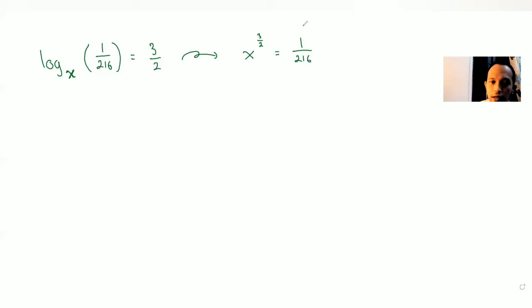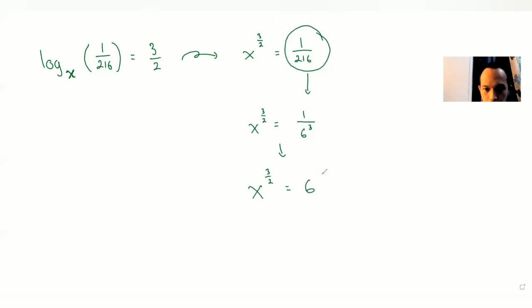But I don't like this, so I transform it. I know that 216 is 6 cubed. Therefore, x to the 3/2 equals 6 to the power of negative 3.